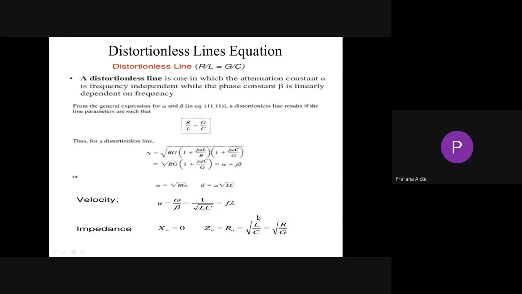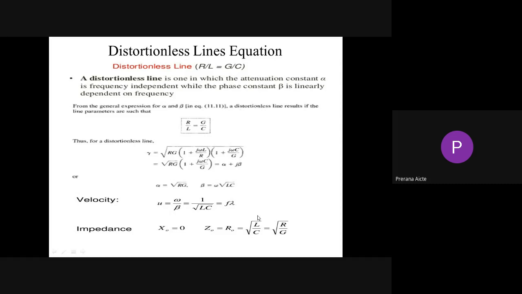So see the difference between lossless and distortionless. In the lossless line, the resistive component R is zero and the conductive component G is zero. Whereas in the distortionless line, the phase constant and attenuation constant are considered: alpha is independent of frequency.